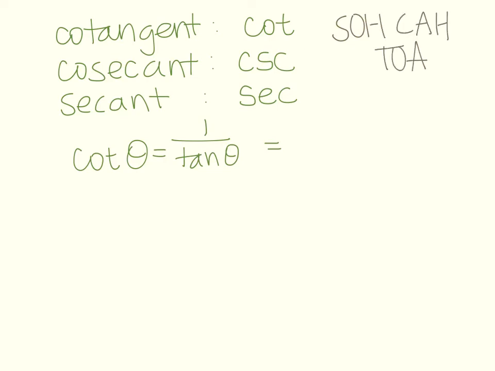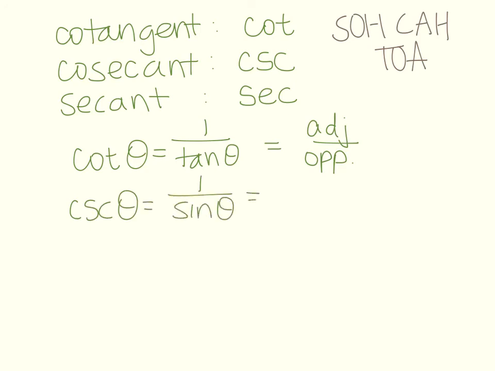All right, we know tangent is opposite over adjacent, so cotangent would be adjacent, and I'm just going to abbreviate it like that, over opposite. We have the cosecant of theta, and cosecant is 1 over sine of theta. Sine's usually opposite over hypotenuse, so in this case it would be hypotenuse over opposite.